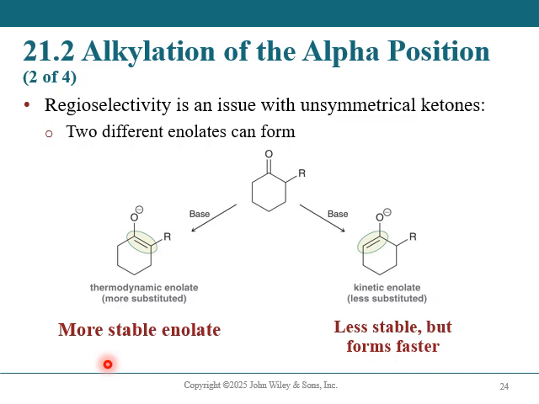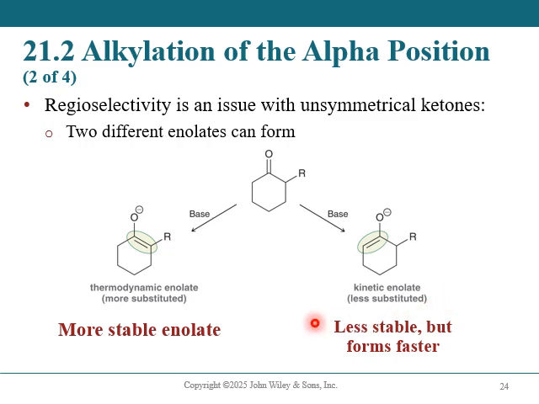Now, usually when you have the thermodynamic product, that means that you're probably also talking about the kinetic product. The kinetic product is the one that is going to form the fastest. So here, this position, you have a little bit more steric hindrance than in this position on the right. So this is bound to be formed a lot faster. However, it is less stable.